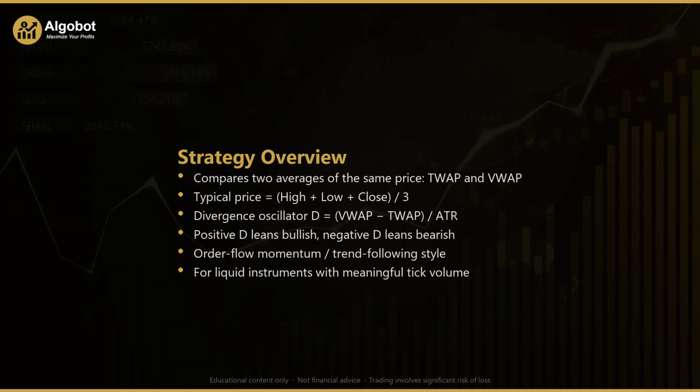The strategy measures that gap, divides it by the average true range to keep it scale-free, and turns it into a single oscillator it calls D. A positive D leans bullish, a negative D leans bearish. Because the gap is normalized by volatility, the same threshold works across very different instruments. This makes it an order flow momentum, or trend-following, approach.